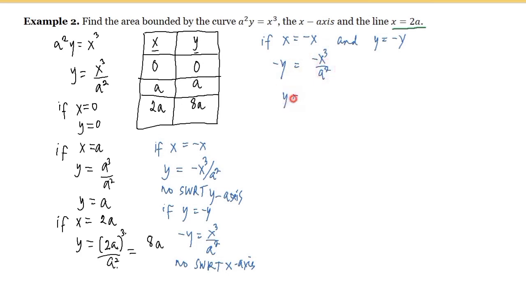So we have y is equal to x cubed over a square. As we can see here, our equation is unchanged. Therefore, we can say that there is symmetry with respect to the origin.